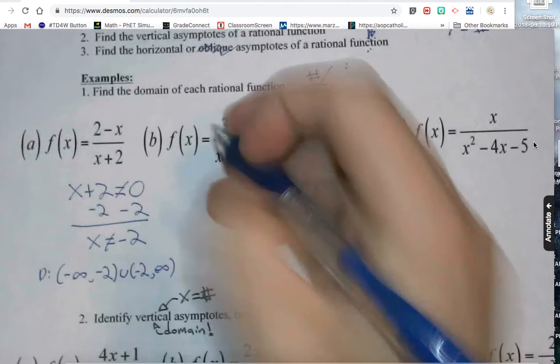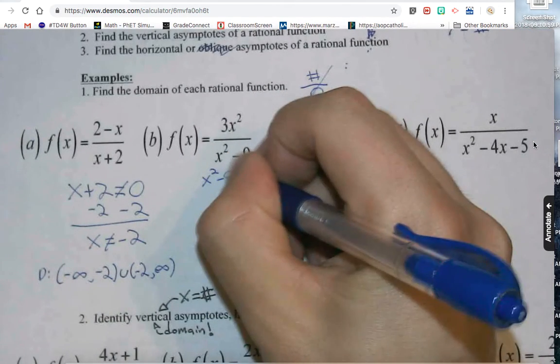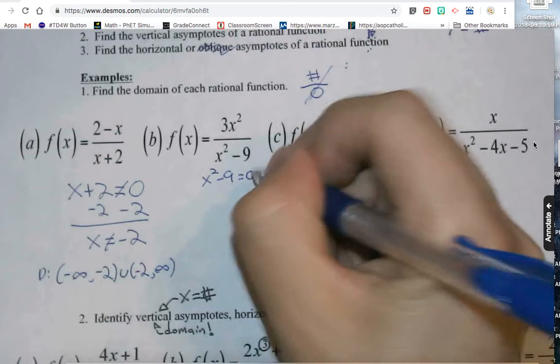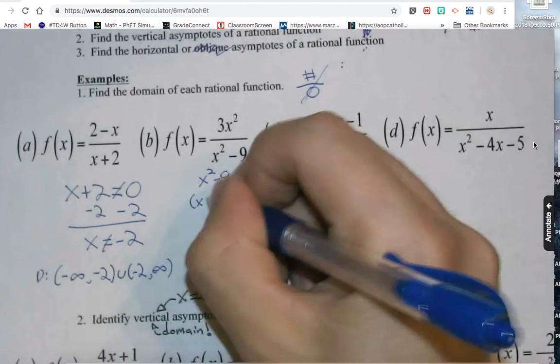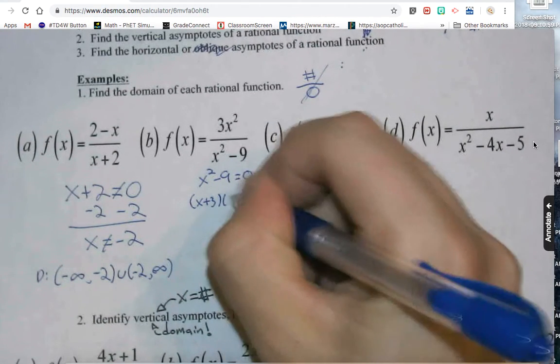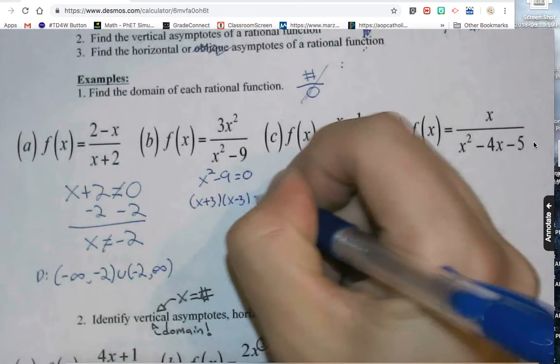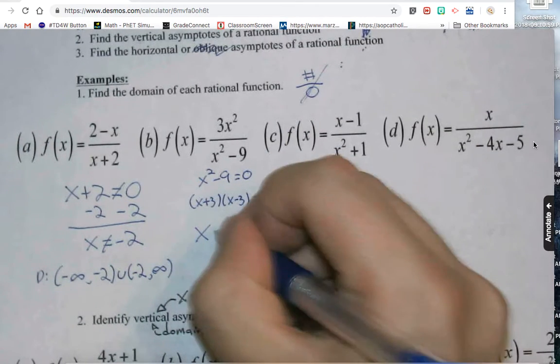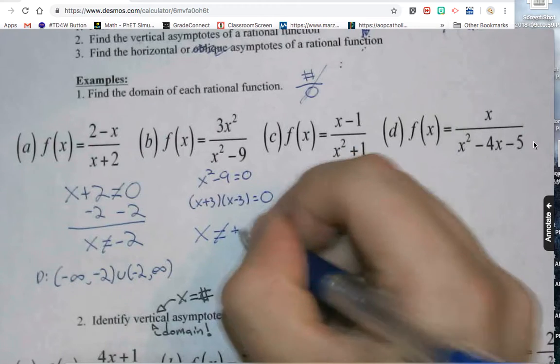For this one, it's x squared minus 9. You could isolate x and do that, or you could denote it as factoring x plus 3, x minus 3, eventually saying that x cannot be equal to positive or negative 3. That's okay.